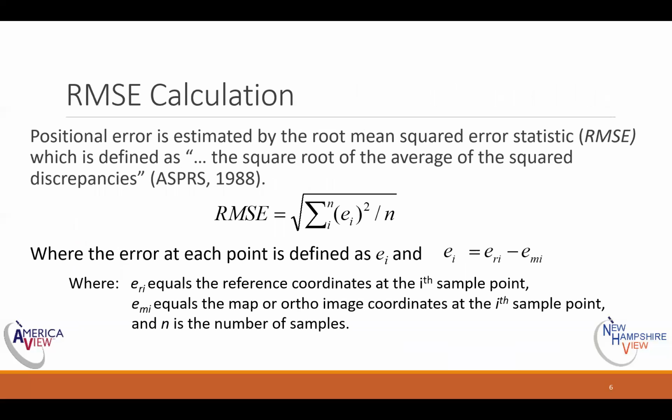So how do we calculate root mean square error? Well, it's very, very simple. It's not as complicated as maybe you think it looks. It's the square of the errors, and then you take the square root of it. Why do we square the errors? We square the errors because in some cases, the error is going to be positive, in other cases, the error is going to be negative.